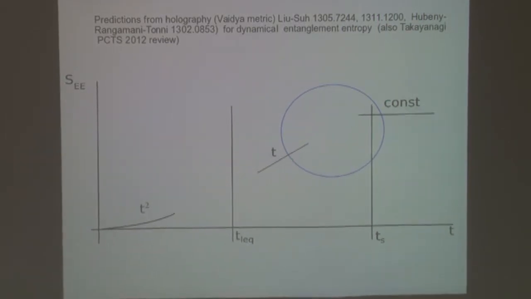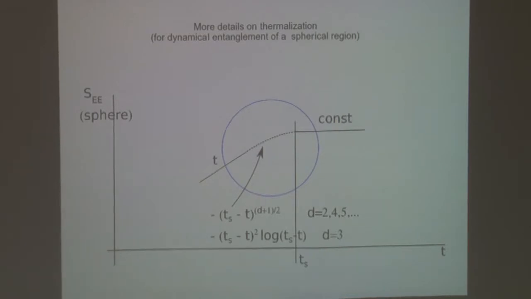The kind of information that is known again from studies of the Vaidya metric is that if one is talking about the entangling region to be a sphere, then the approach is like that.